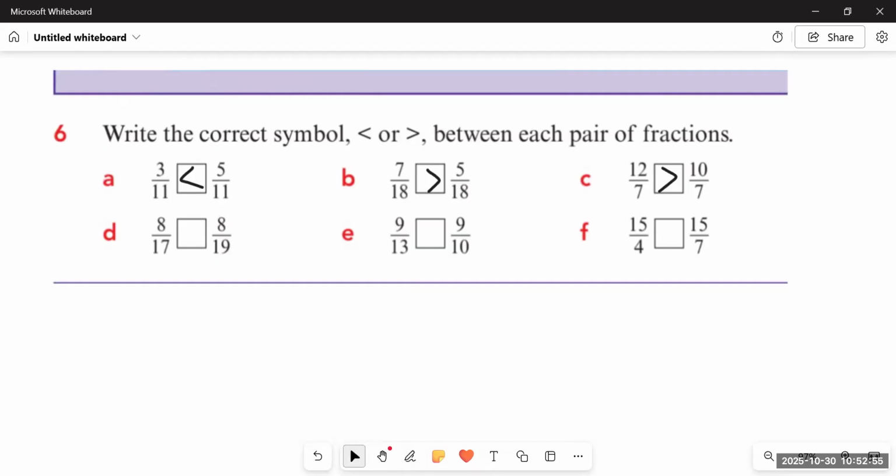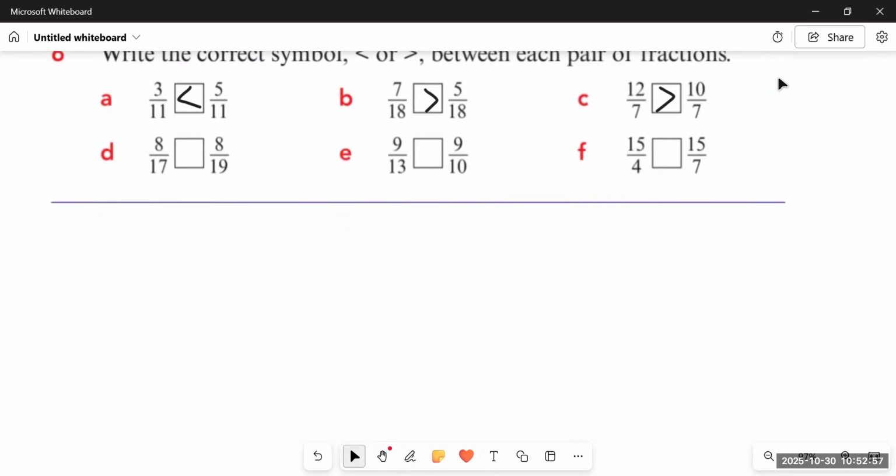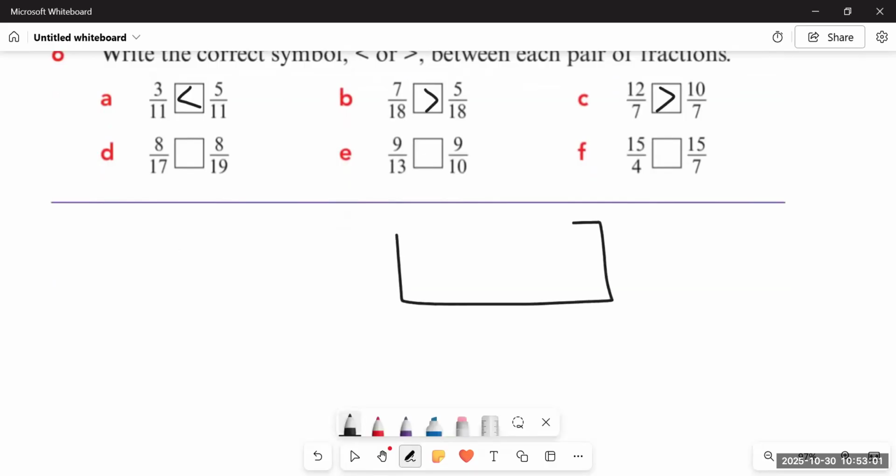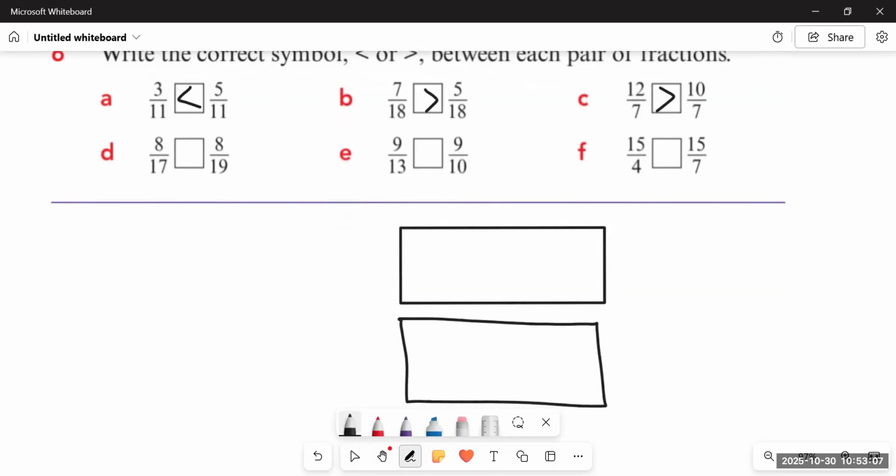But when we talk about the numerators, when the numerators are similar, let me give you an example to understand this. Let's say I have 2 chocolate bars. Both of them are of equal size, right? In the first one, I am making 4 parts, okay? In the second one, I'm only making 3 equal parts.